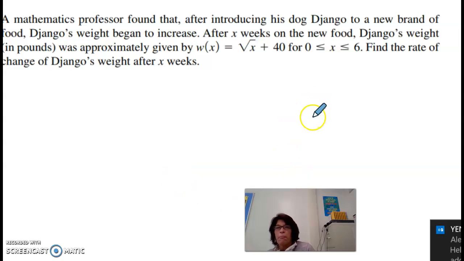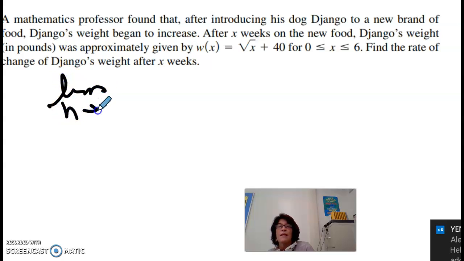A math professor found that after introducing his dog to a new brand of food, his weight began to increase. After x weeks on the new food, his weight was approximately given by this formula between 0 and 6. Find the rate of change of his weight after x weeks. Rate of change. We're talking about derivative when they say rate of change.